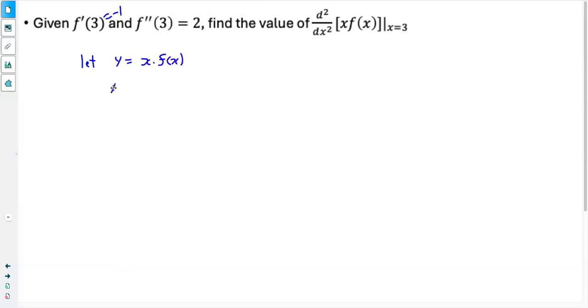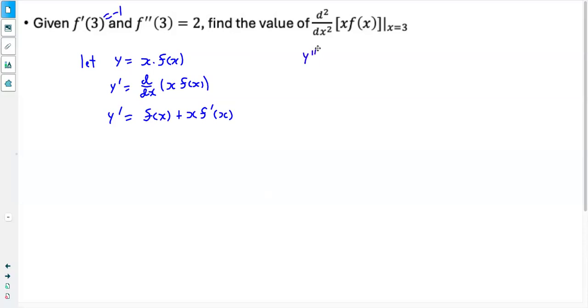and we'll find our first derivative, so that would be d/dx of x times f of x. So we have to apply the product rule now. So that would be f of x plus x times f prime of x. So this would be our first derivative.